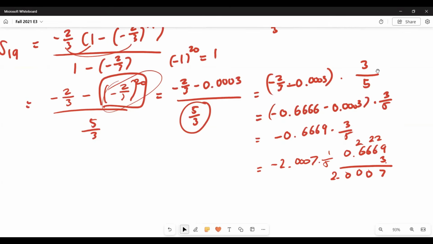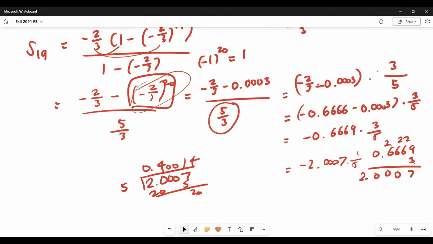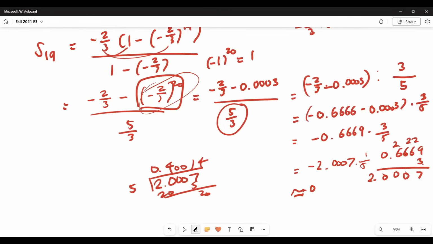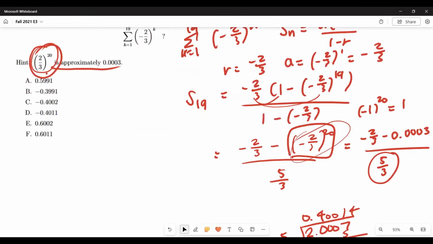So you divide 2.0007 by 5, and it's going to be around negative 0.40014. Okay, let's find the closest value.